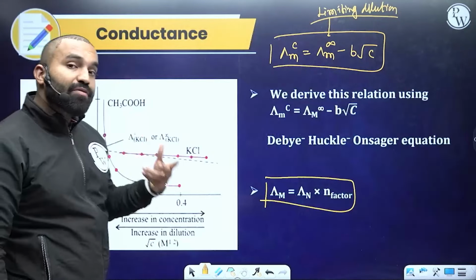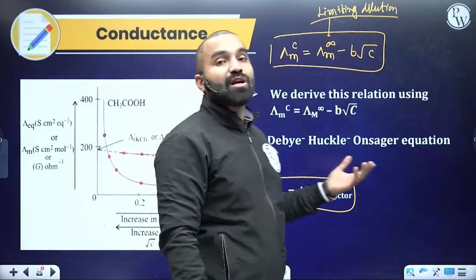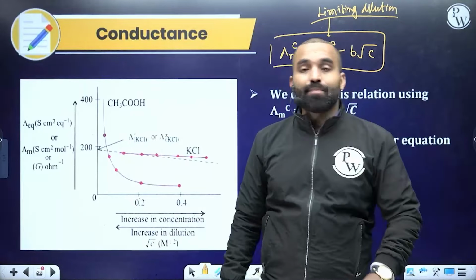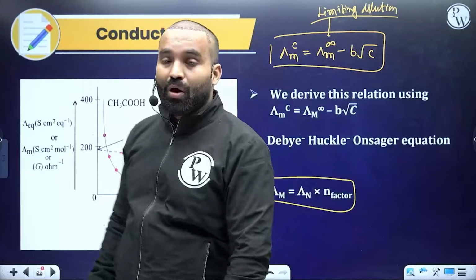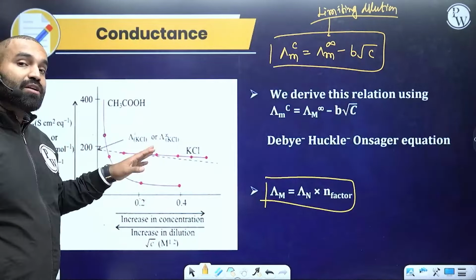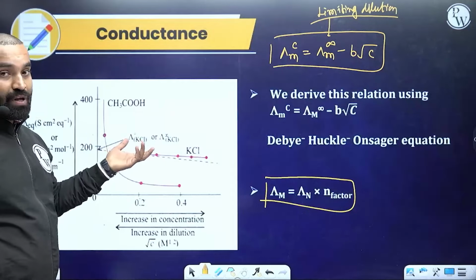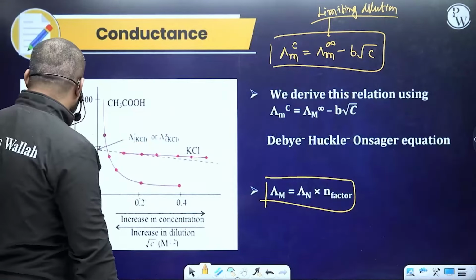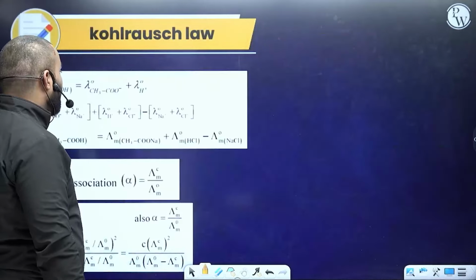Acetic acid or any weak electrolyte upon dilution starts behaving as a strong electrolyte. You must have studied that in ionic equilibrium also, Ostwald dilution law. But here we are not discussing that, we are discussing what happens upon dilution. Their conduction increases tremendously because the number of ions present is now very high.